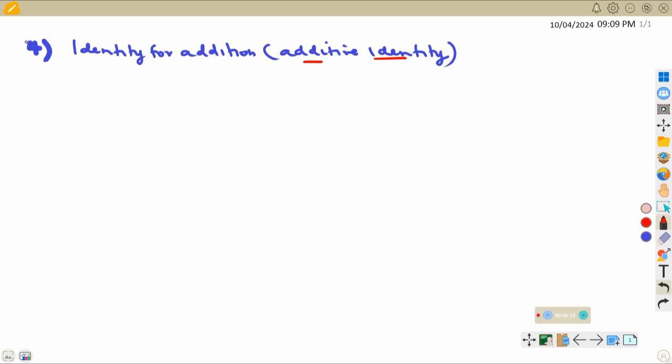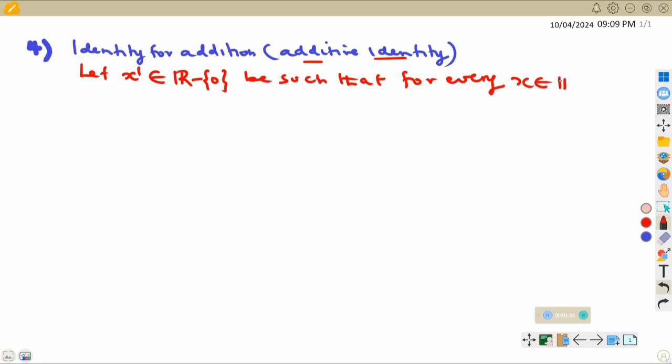Now, we shall let x prime be an element in R minus 0, such that for every x we pick from the same set, it will hold that when you get x plus x prime, you get x, which should be the same as x prime plus x.